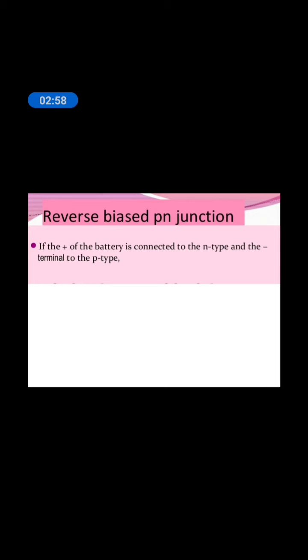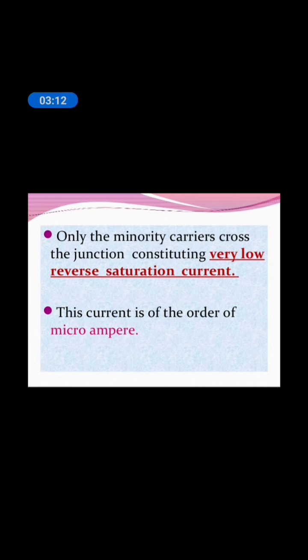Such a mode is called reverse biased mode or reverse biased PN junction. Only the minority carriers cross the junction, constituting a very low reverse saturation current. This current is of the order of microamperes.